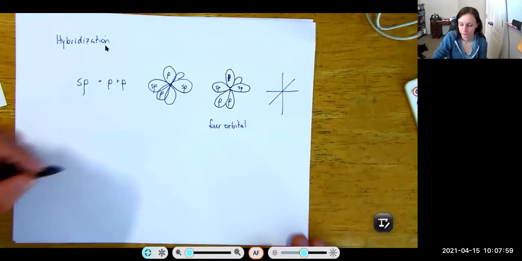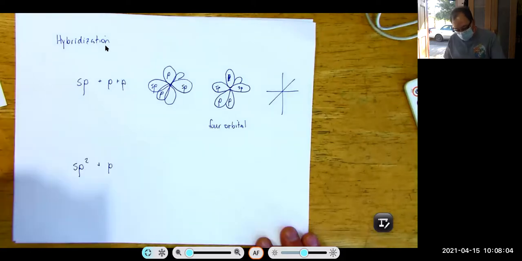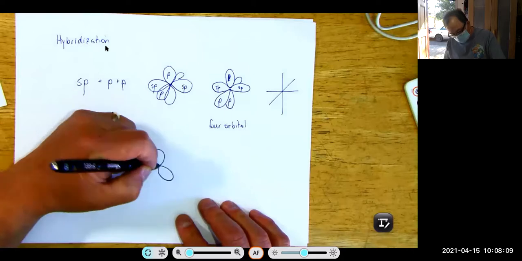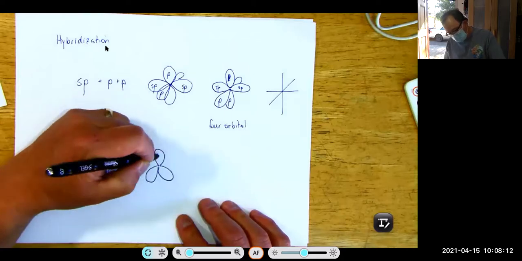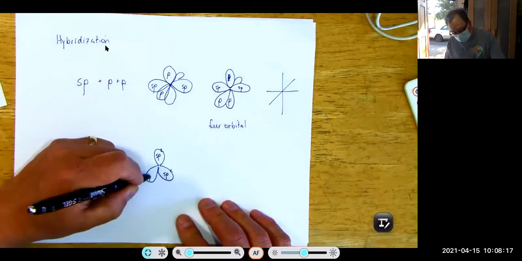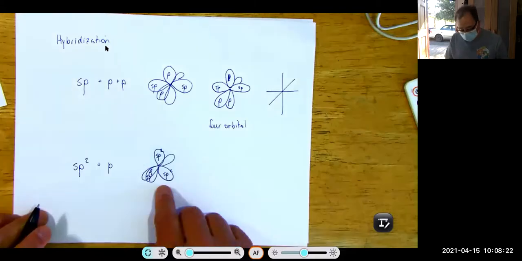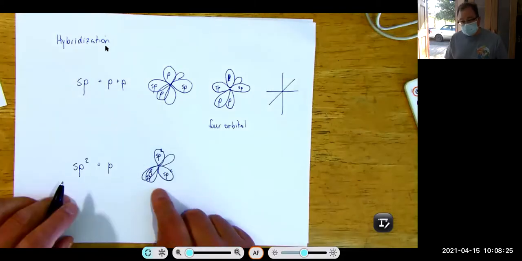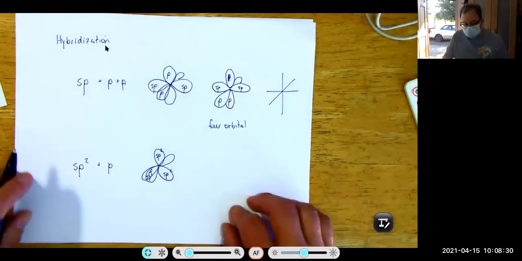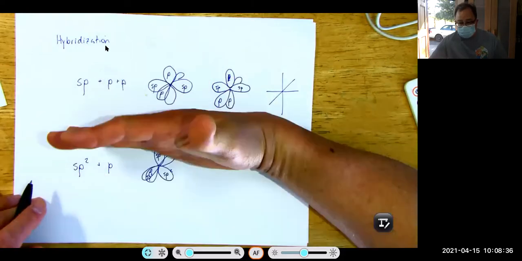Okay. And then when you look at sp2 plus an unhybridized p, one way to draw it is this way. And the unhybridized p is going to be perpendicular to all of this. So when you look at that, it looks complicated, doesn't it? There's a better way to draw it. What happens if I take my flat triangle like my hand and I look at it from the side like this?